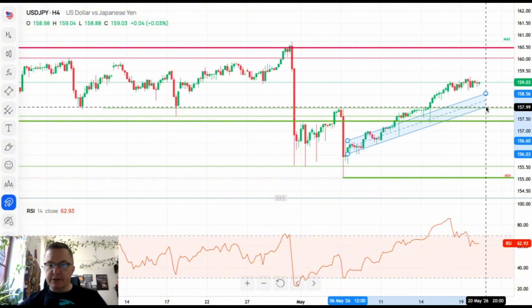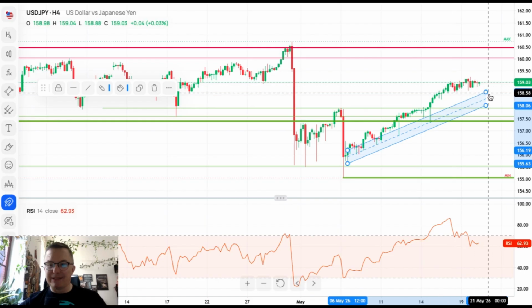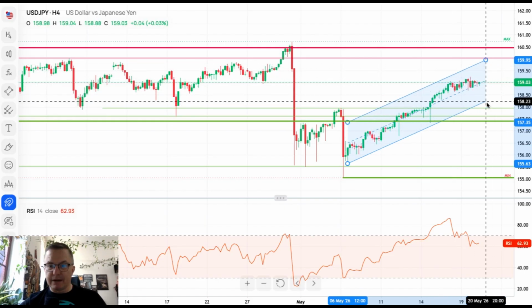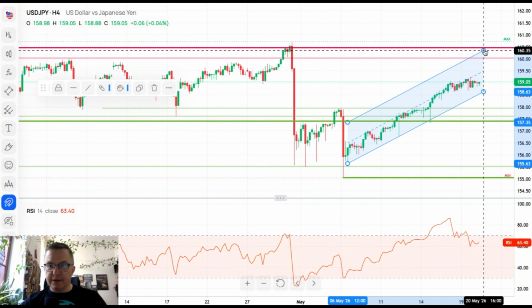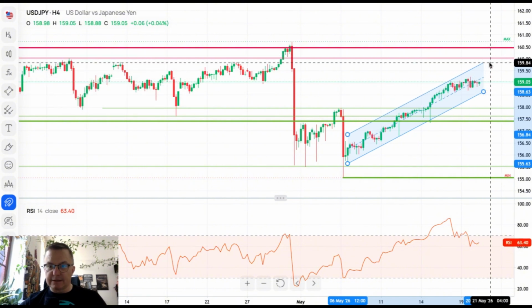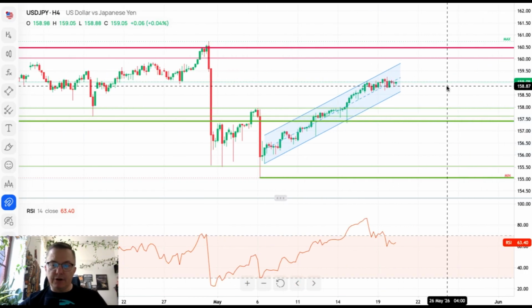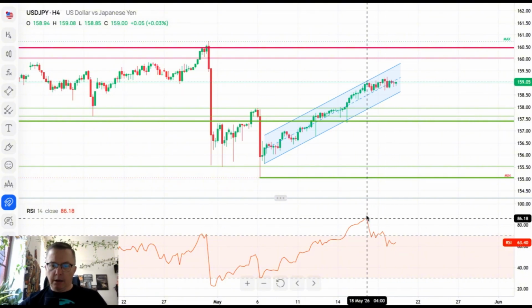US dollar versus the Japanese yen. It just popped a little bit higher than I wanted. And this looks like, my dear fellow traders, a sustained movement to the upside, minding its own business. Now a little bit of the pullback, not that deep actually, from the extremely overbought conditions.